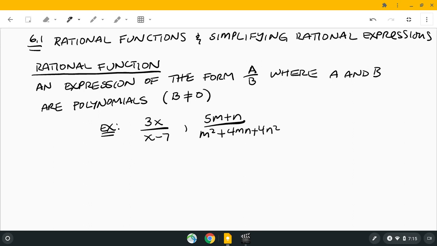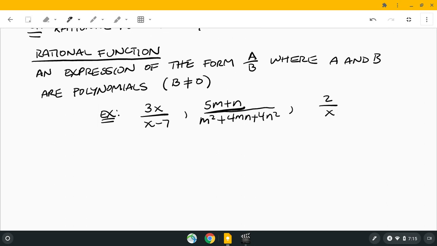Okay, let me make this fraction bar a little longer. Okay, so that's another one. This is also one. Simple one. Okay. All right, so these are all rational functions here.